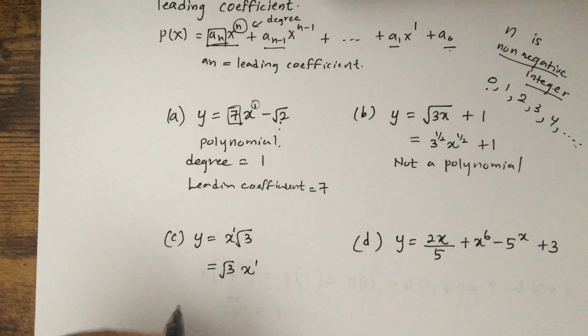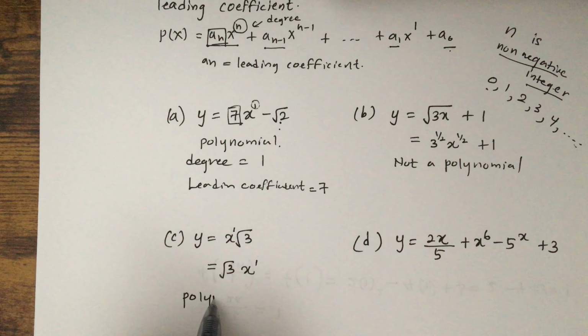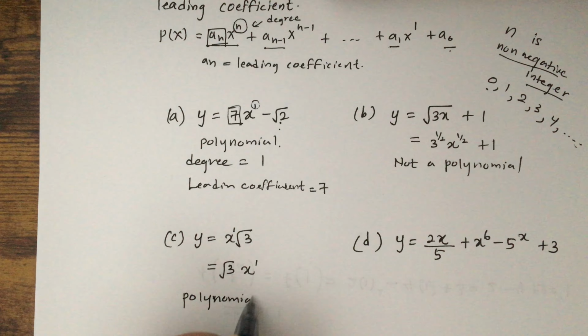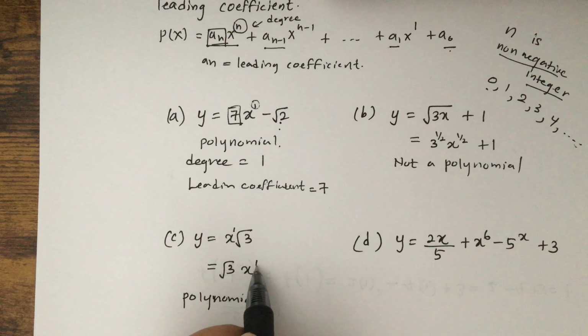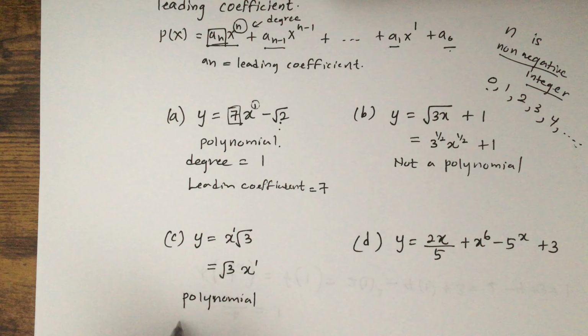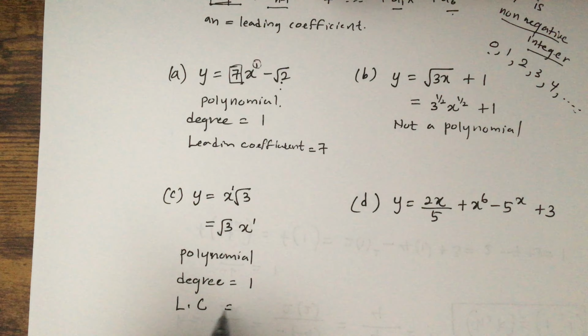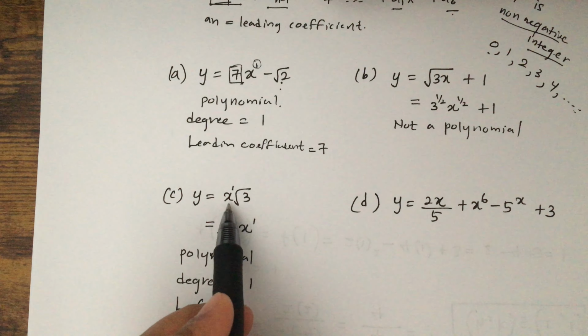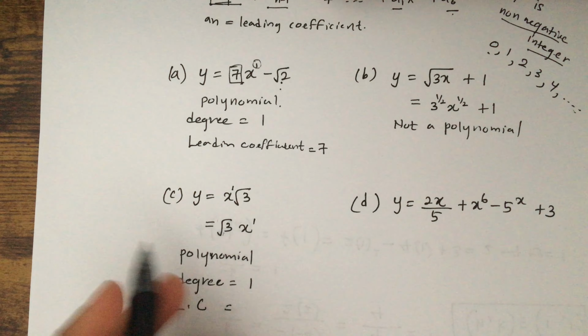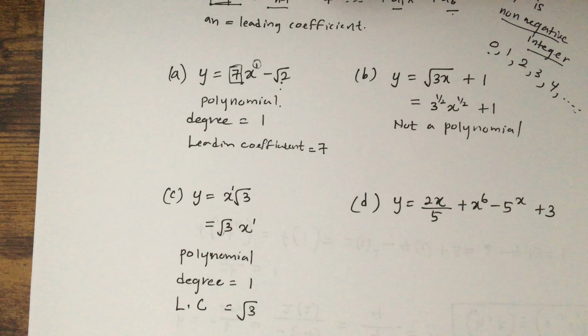So this is a polynomial, because we have the power 1, so it's a non-negative integer. And what is the degree then? The degree is the highest power of x, which in this case is 1. And what is the leading coefficient? The leading coefficient is this one, which is square root of 3.